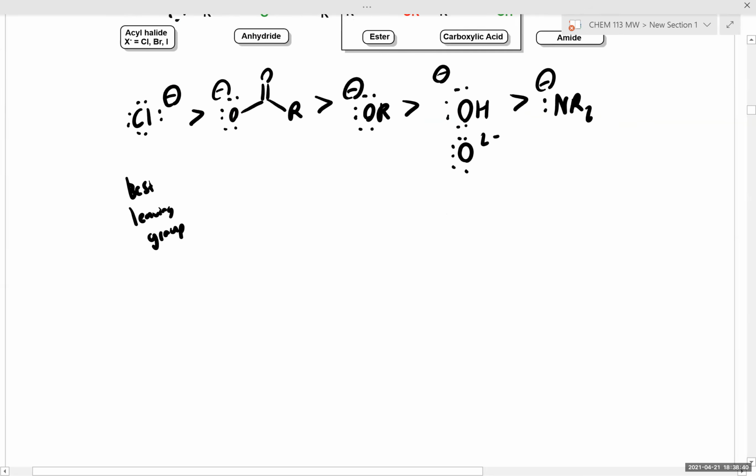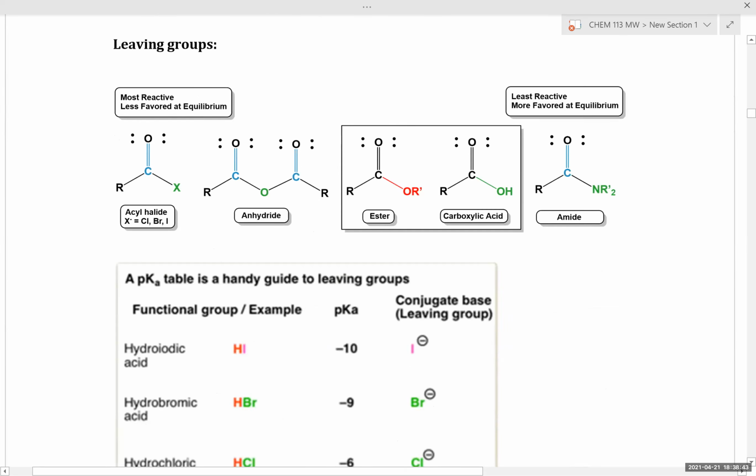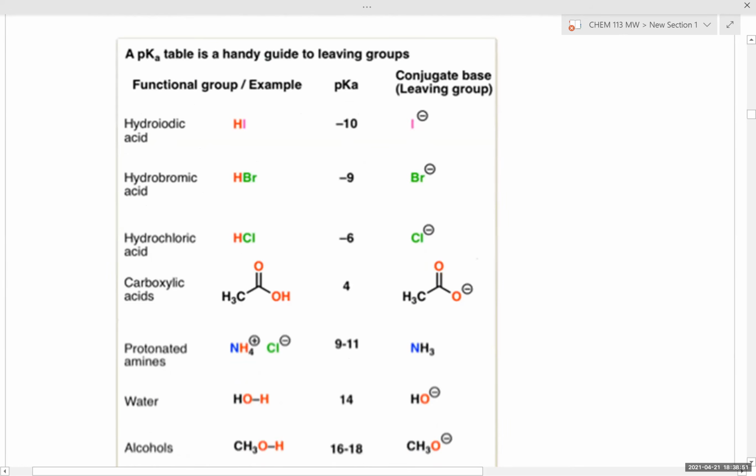Okay, so let's delve into this idea of leaving group capability to help us understand why acyl chlorides are more reactive. If we think about leaving group capability, often a pKa table can serve as a way to gauge the suitability and ability of a group to serve as a leaving group. So as we see, generally, by looking at the conjugate base, the less basic and less nucleophilic the conjugate base is, the more readily that anion will leave and serve as a leaving group.